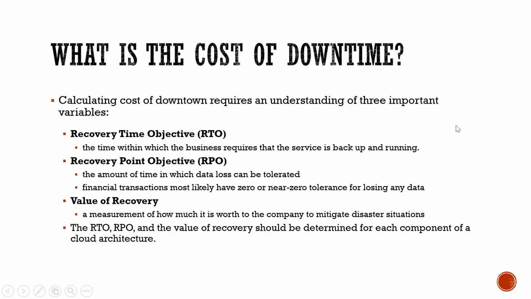All right, the cost of downtime. As I mentioned earlier, there are some quantifiable costs that you can actually calculate. There are some intangible costs, and there are some variables that you need to understand. If you can look at those variables and associate a number or a value with them, then you can use it to calculate things like lost man hours, lost workstation hours.